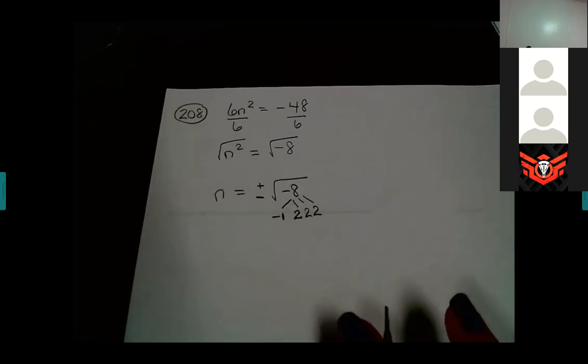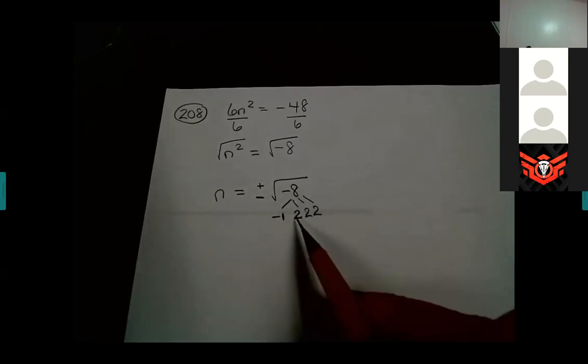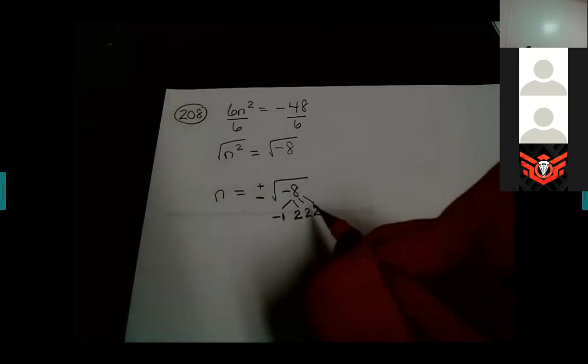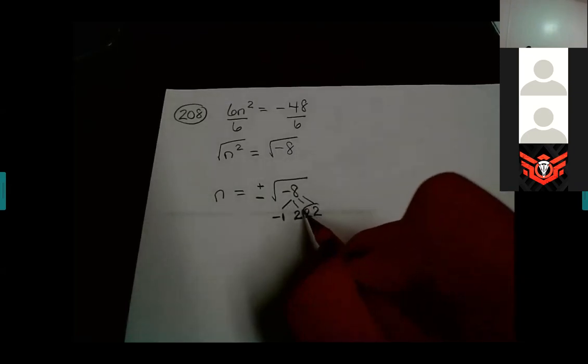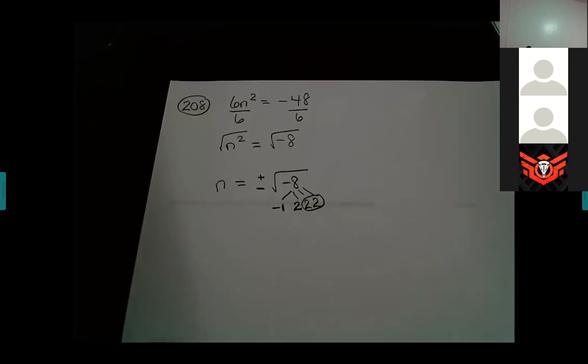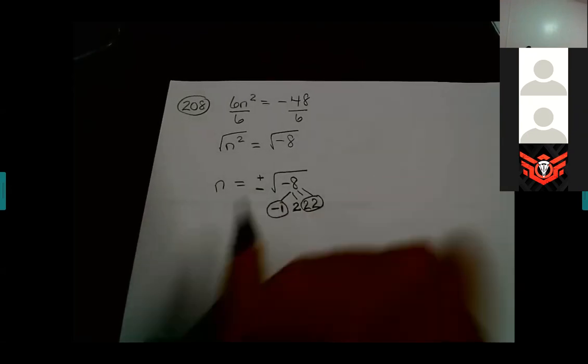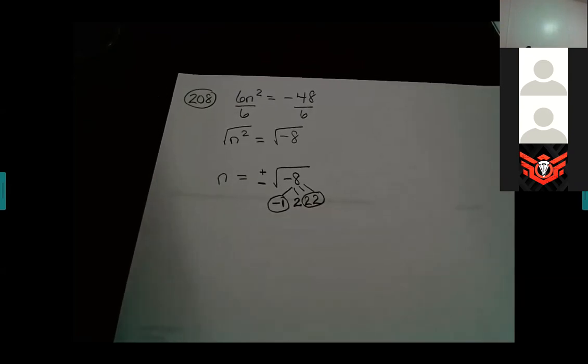So -8 is -1 times 2 times 2 times 2. Emmanuel, it is, except there's 2 of them. Okay, so Logan, I circle up things that have a pair. I have a pair of 2s, and I circle up the -1 because it's always an i.